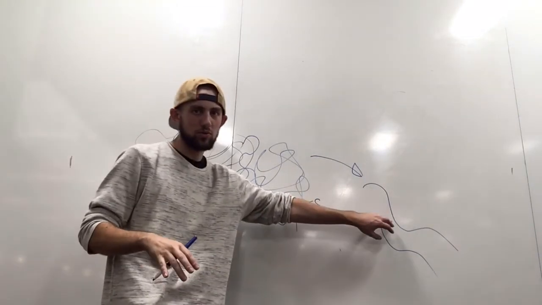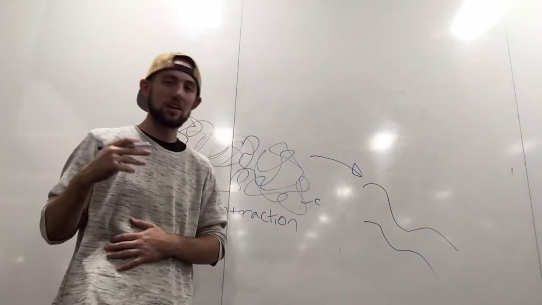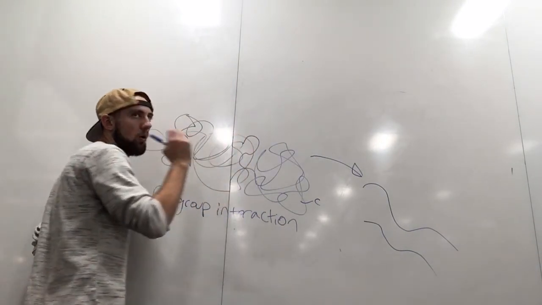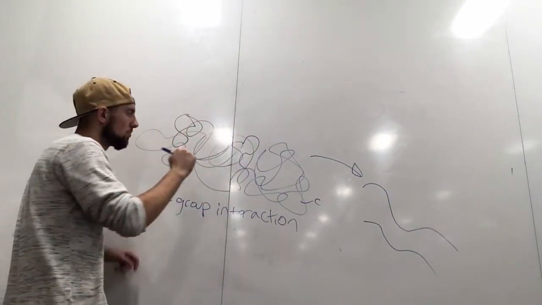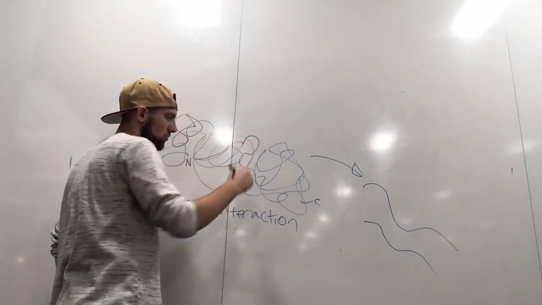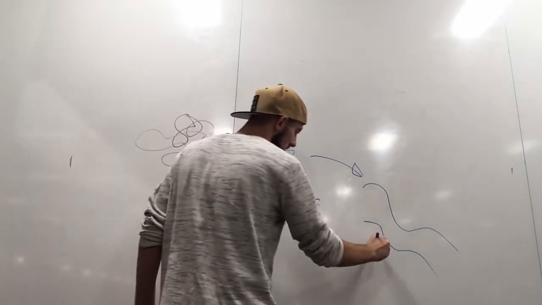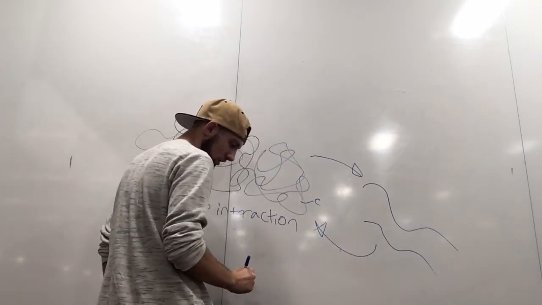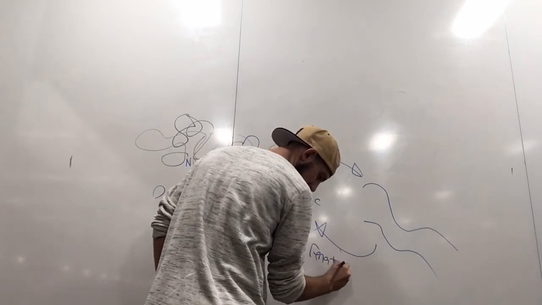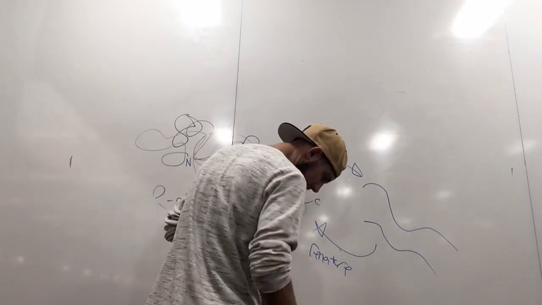I get it, I have two blue here, but just know that we're breaking down the R group interactions in between. And same thing, we can also renature it to form, okay?